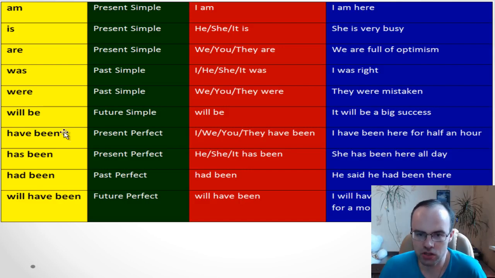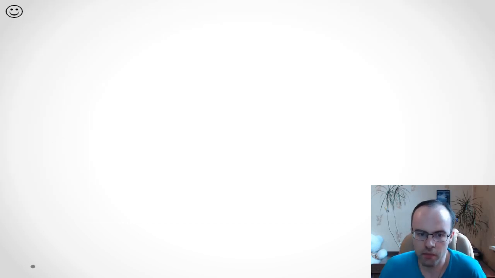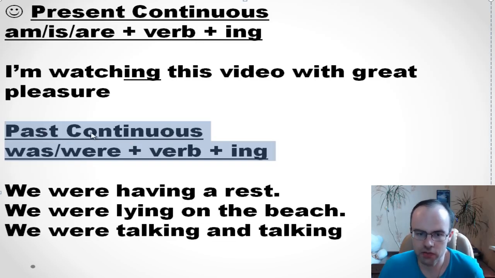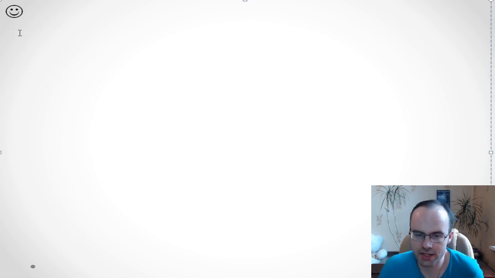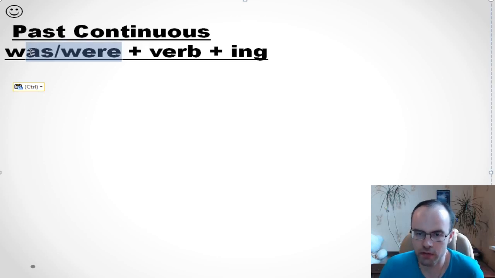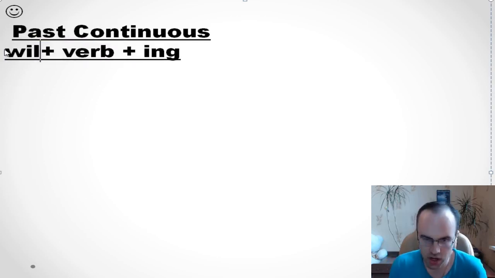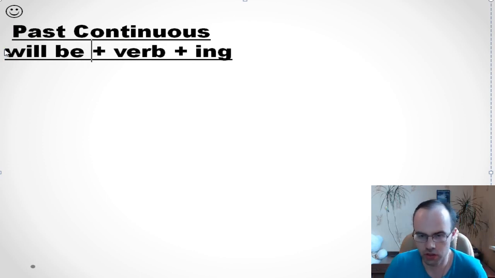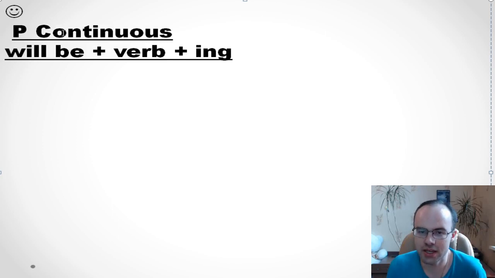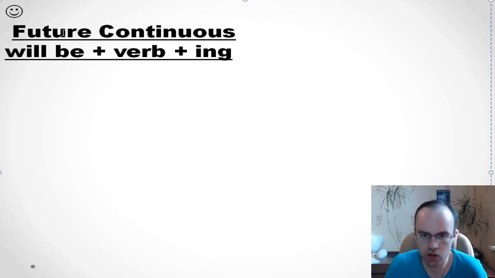And next, you see, will be. Right, it's about future simple. But if you have verb plus ing after will be, it isn't future simple, it's another tense, and we call this tense future continuous.